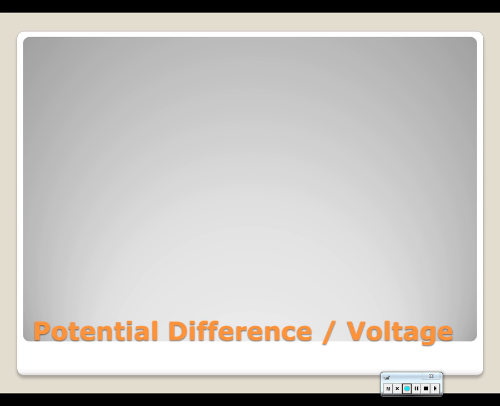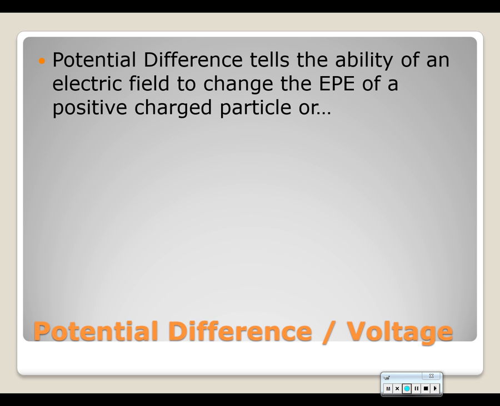Those two terms are pretty much interchangeable. Potential difference or voltage tells the ability of an electric field to change the electrical potential energy of a positively charged particle. So the ability of the field to change the energy. Or if we want to talk about it in more general terms, the strength of the field.